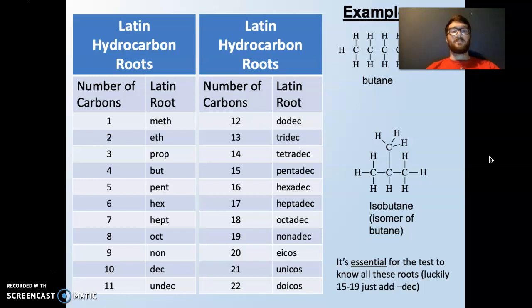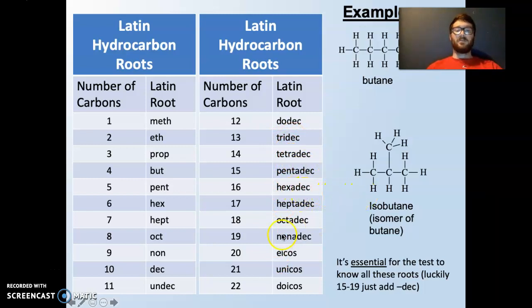Ethane. Propane. Butane, pentane, hexane, heptane. Fortunately, you might be looking at this and saying, man, that's really complex. All these are pretty much the same, except they add dec at the end.